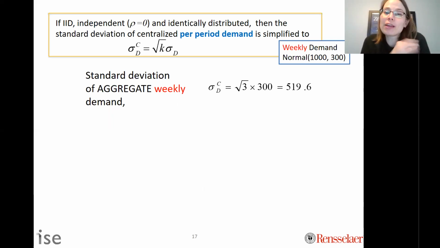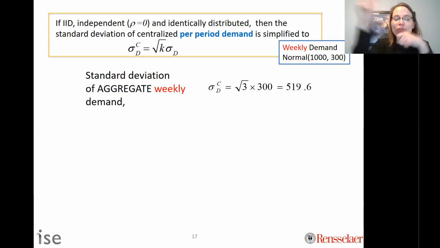And per period, in this case, per week, they each have a standard deviation of 300. And so the standard deviation of aggregate weekly demand is 519.6. So what does that mean? That's the standard deviation if we pooled all 3 of these regions' demand in one location, and that's per week.